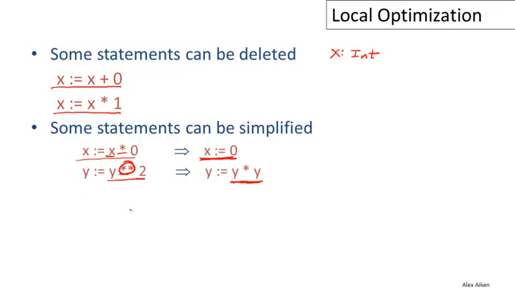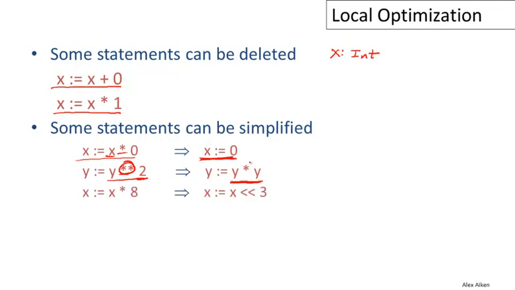Probably that's going to wind up in our generated code being a call to some built-in math library, and that will involve a function call overhead, and then there'll be some kind of general loop in there to do the right number of multiplies, depending on what the exponent is. So in the special case where we know that the exponent is 2, it's much, much more efficient to just replace that call to exponentiation by an explicit multiply.